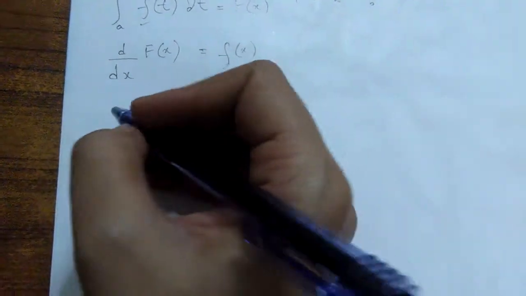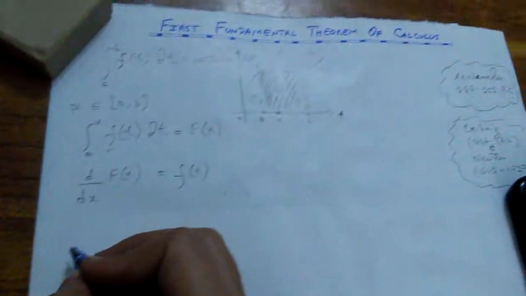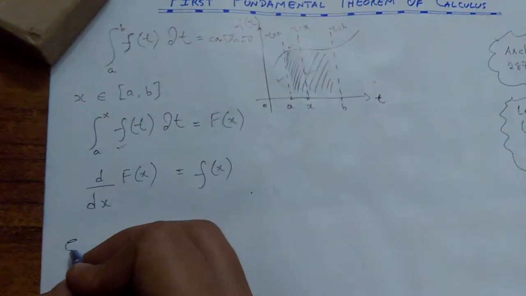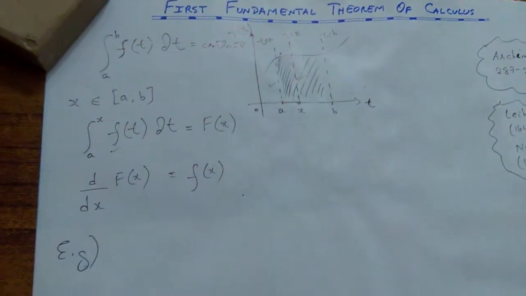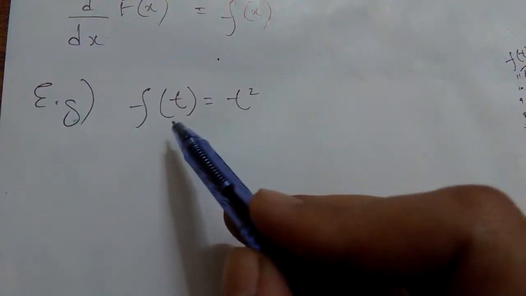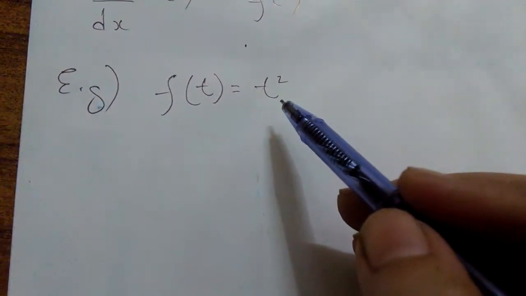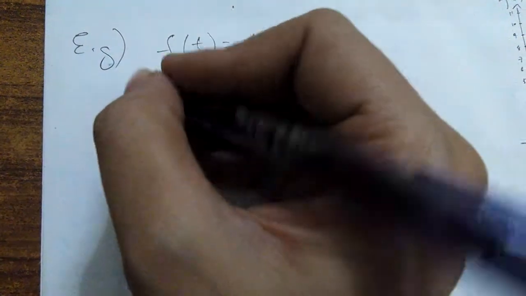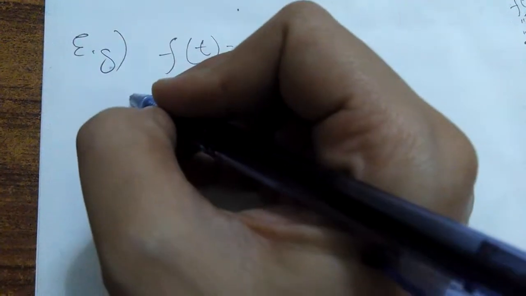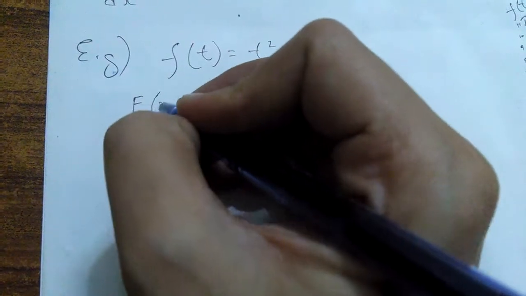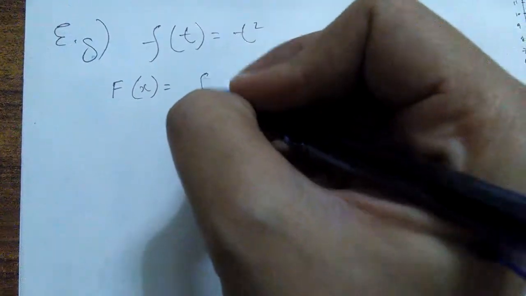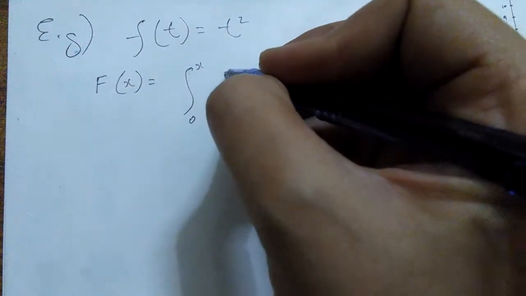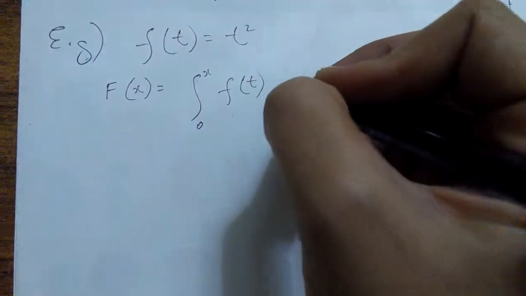So here you go, an example. Let me write it down. f of t equals t squared. We just said that F of x is expressed as the integral from 0 to x of f of t dt.